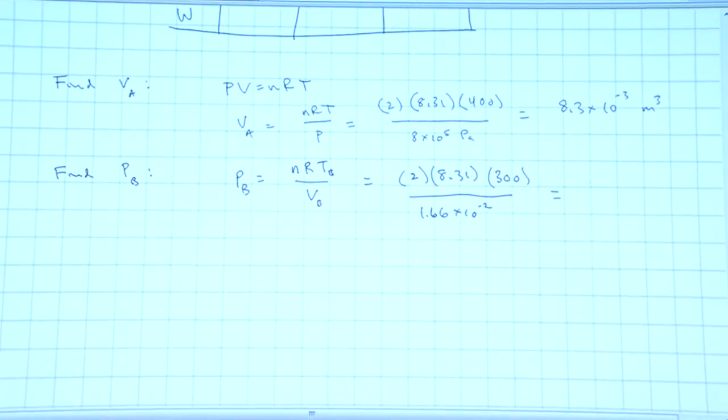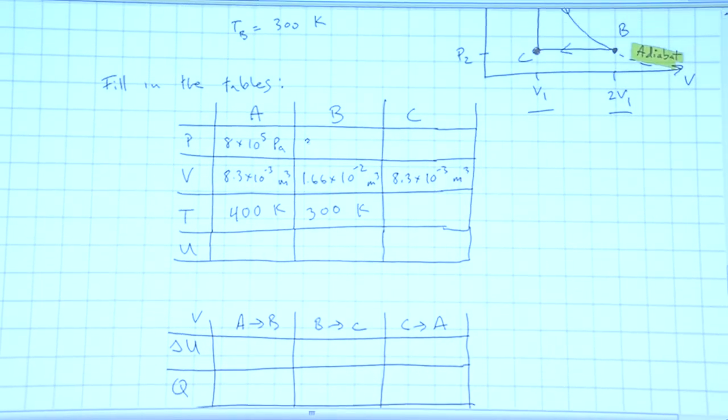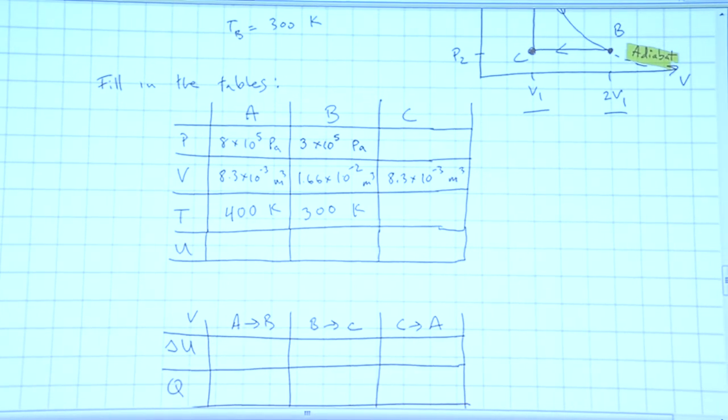And I get 3 times 10 to the 5th pascals. And I know the pressure at C and the pressure at B are the same. That's a constant pressure process going from B to C.